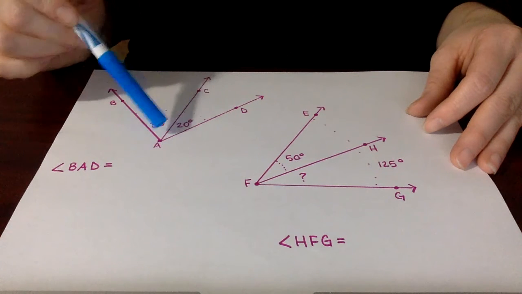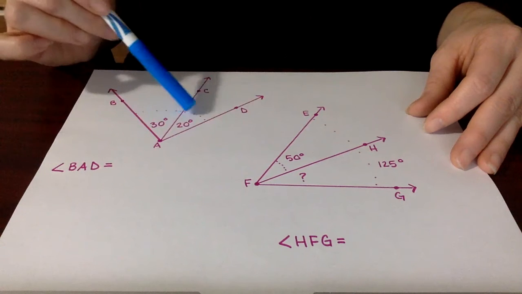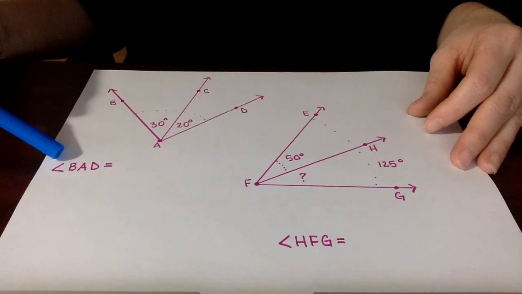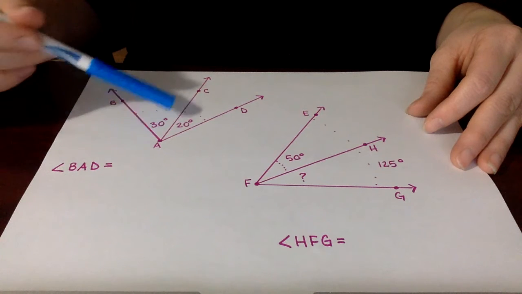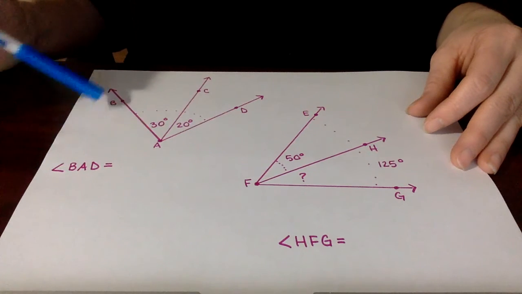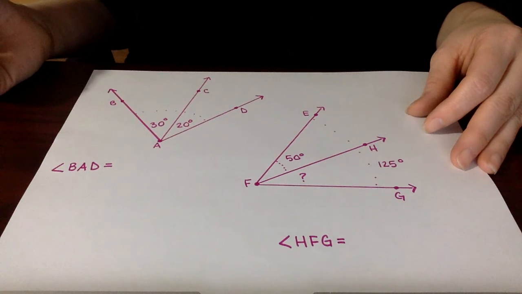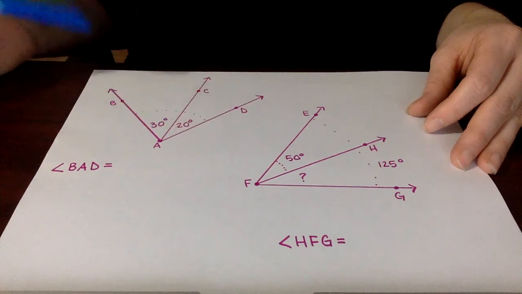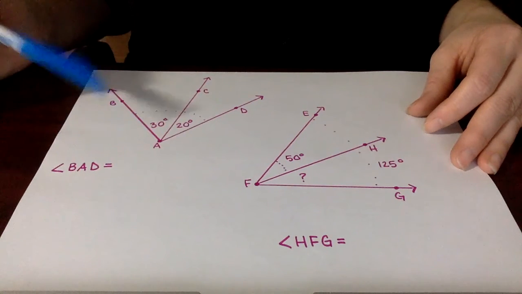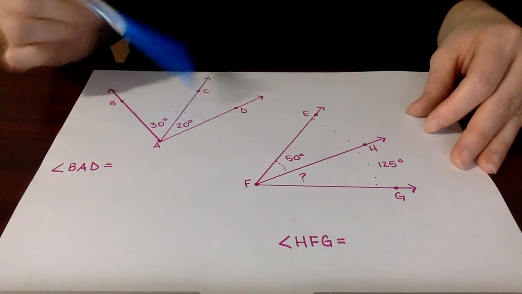Now, if you take a look over here at angle CAD or DAC, that angle measures 20 degrees. I've asked you, if I know what this angle equals and I know what this angle equals, what does angle BAD equal? I could have written DAB also. I've got this angle, it's 30, and this angle, it's 20.